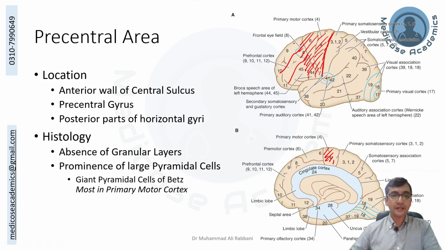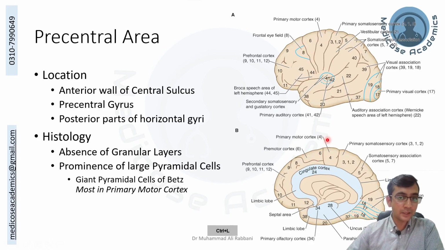So this whole area is particularly involved in motor function, that is the precentral cortex. We will shortly divide it into primary and association areas.